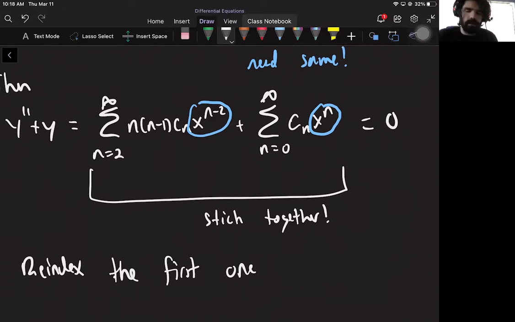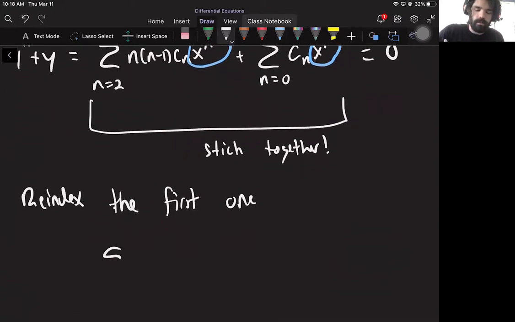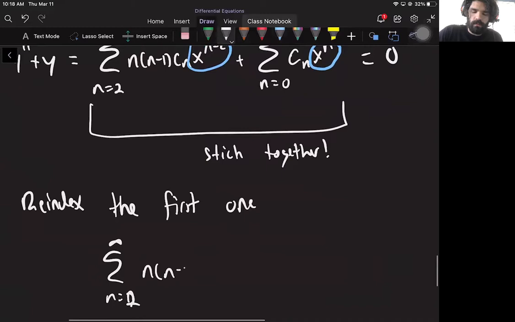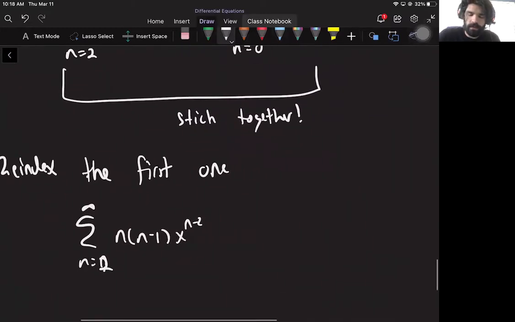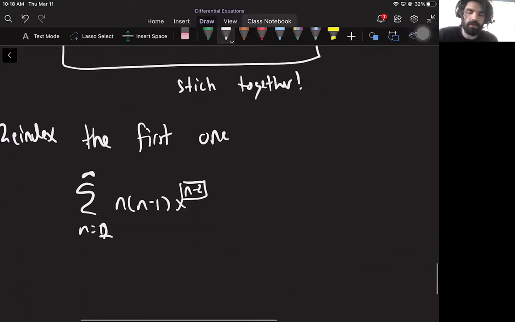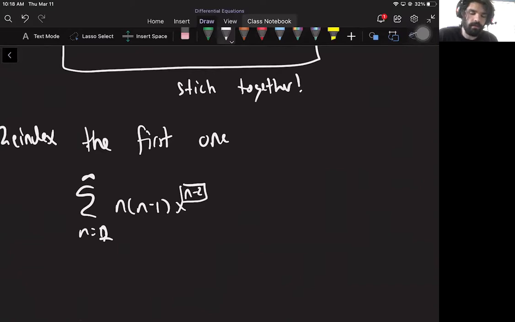So the idea for re-indexing, you may have done this a long time ago, but just to remind you, is if I want this to just be n, what do I need to change my n's into?